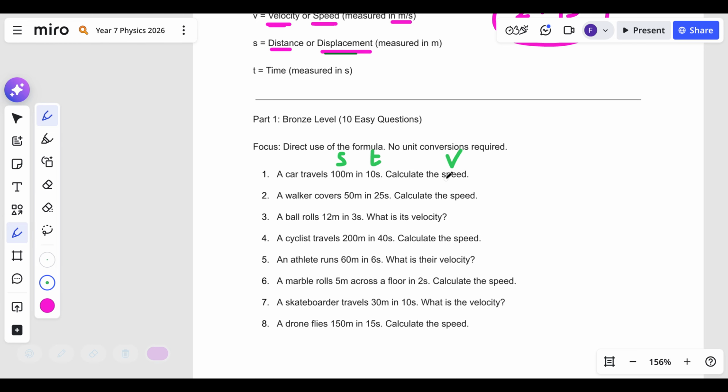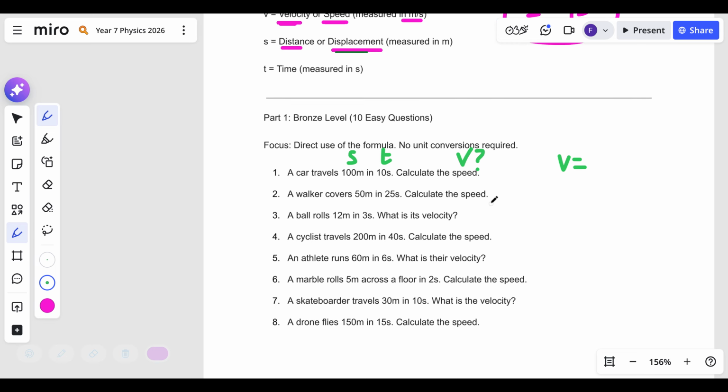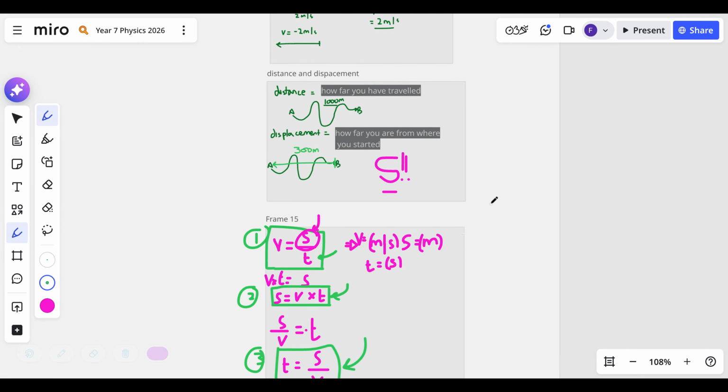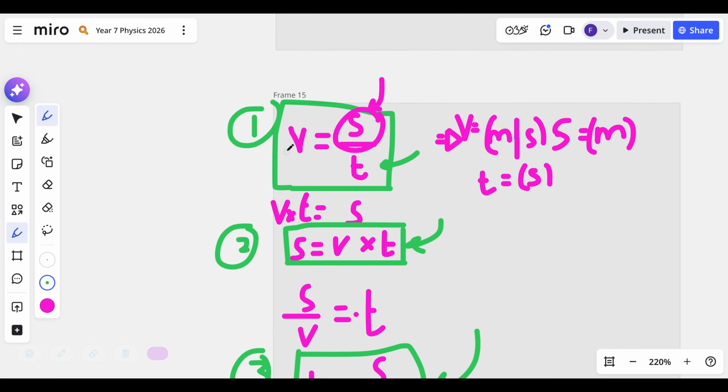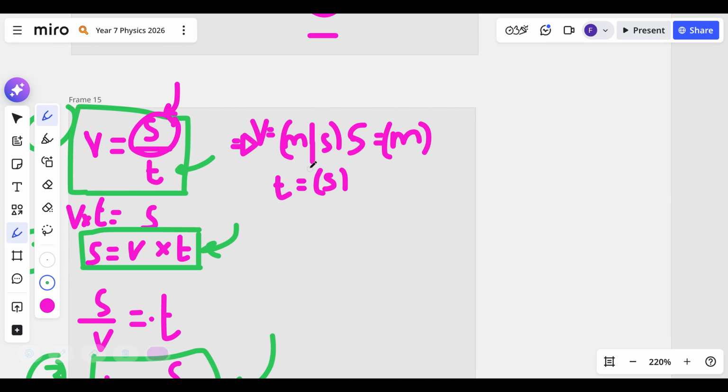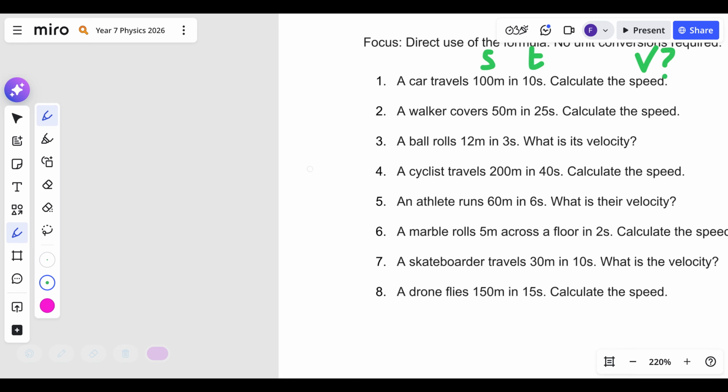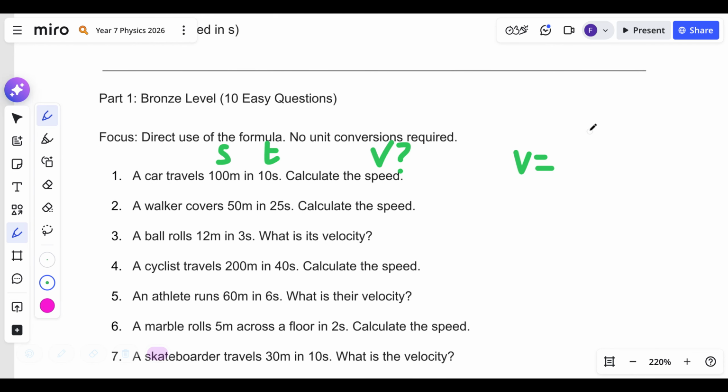We're trying to work out the velocity, so it's got to be V equals, and this is how you lay it out. So you think, right, it asked me to calculate velocity, so I've got to get V equals, where V is my velocity. You go back, you think, which one of my equations has V equals? What is equation 1? So you write out V equals S over or divided by T. All right.